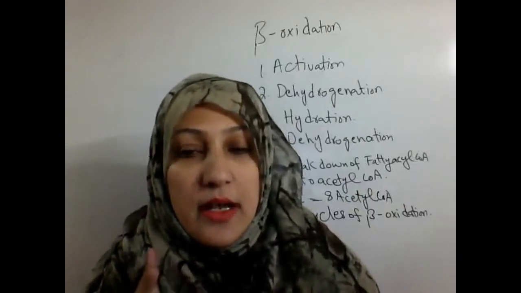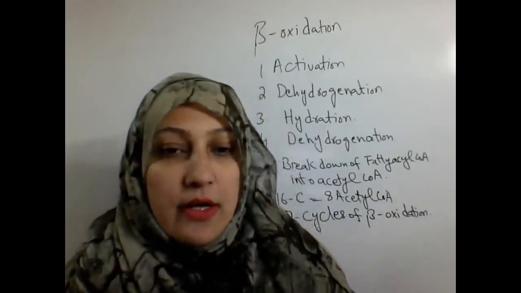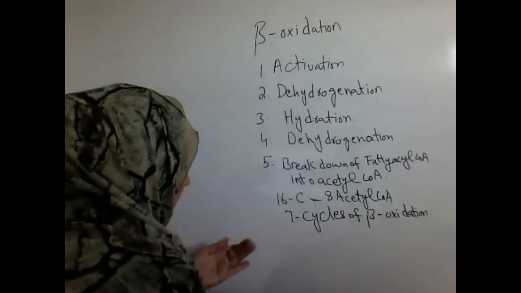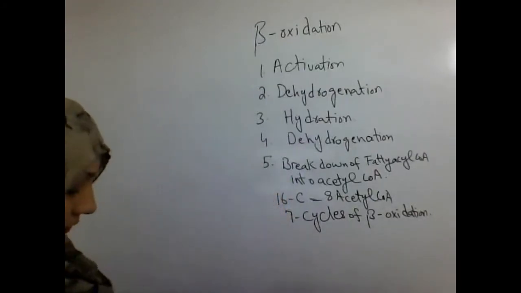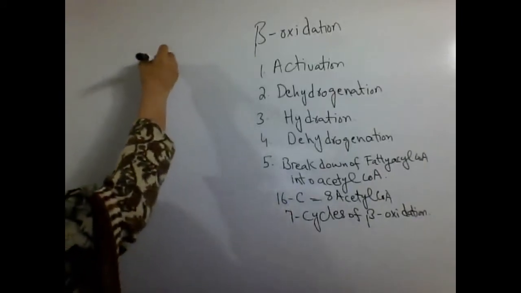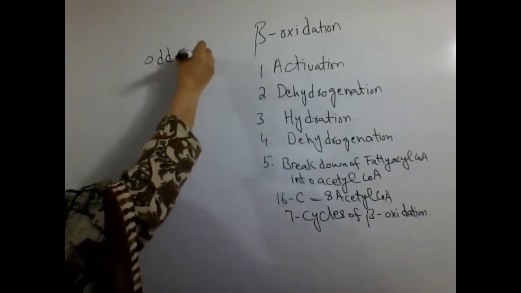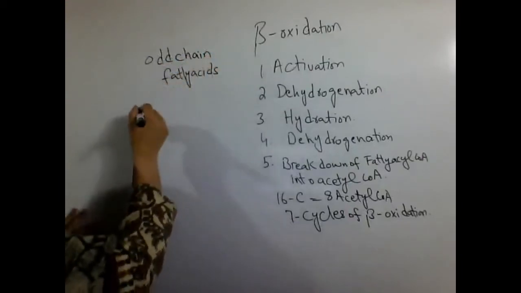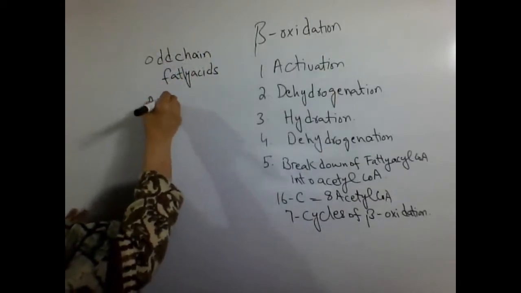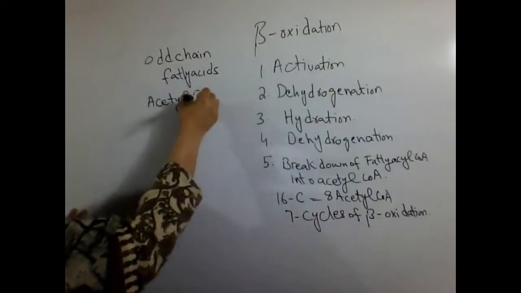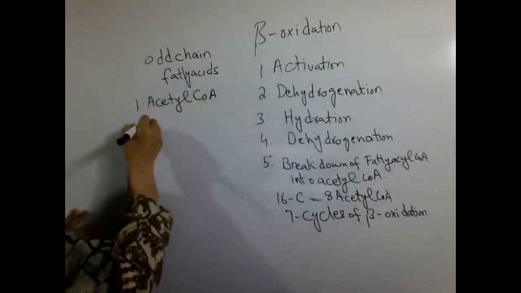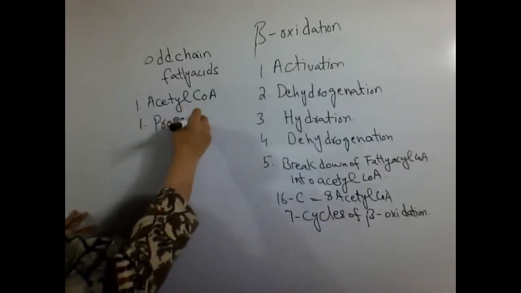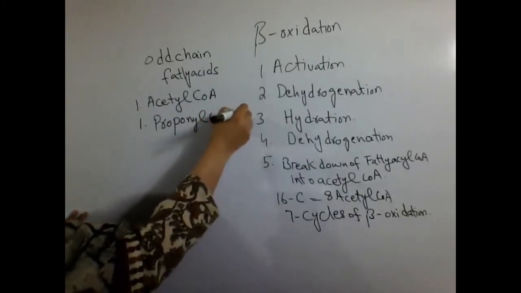Rather, it produces 1 acetyl CoA and 1 propionyl CoA, the 3 carbon compound, in the last cycle.